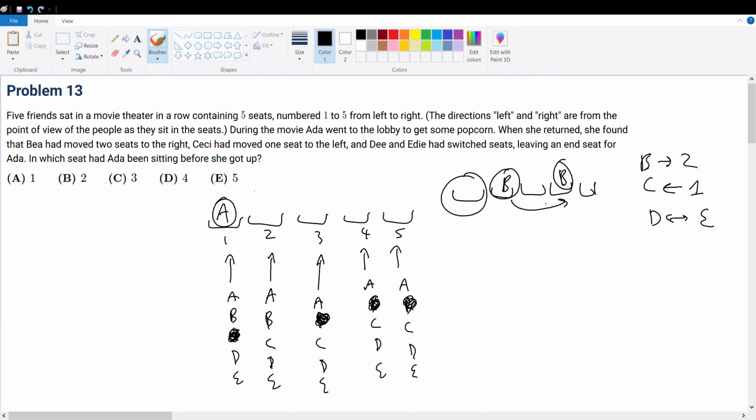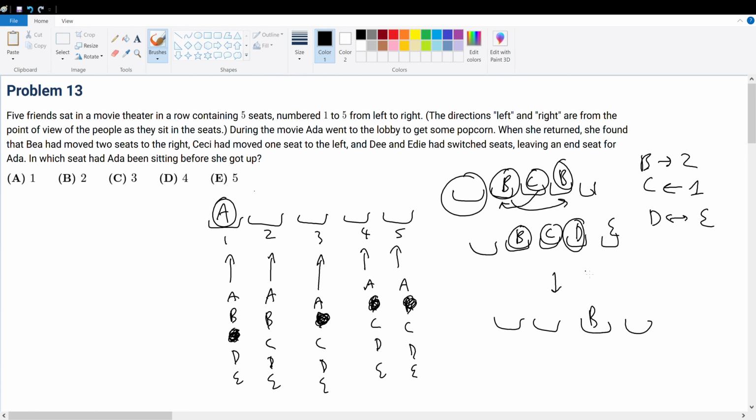And then Ceci, let's say Ceci was here. Then she moved 1 seat to the left. And so originally the seating was this and this. But then afterwards, this would be D and E. Afterwards, Bea would have occupied, that would be impossible, because Bea cannot take the seat of D. So that won't be a valid solution.